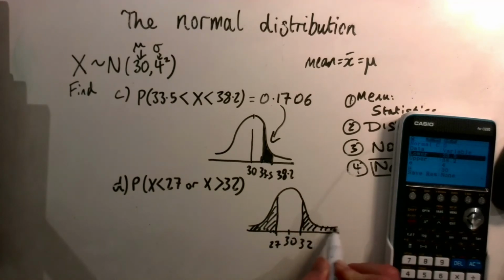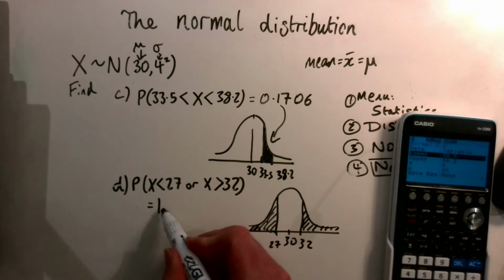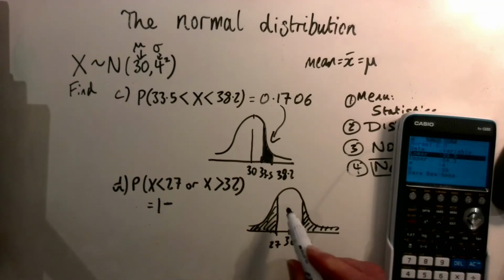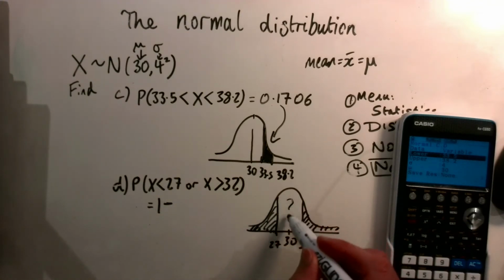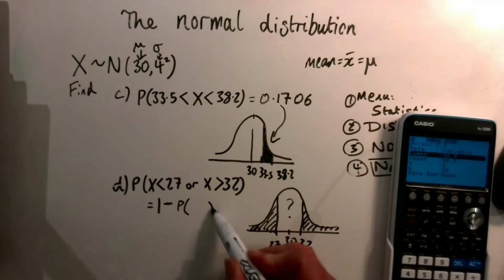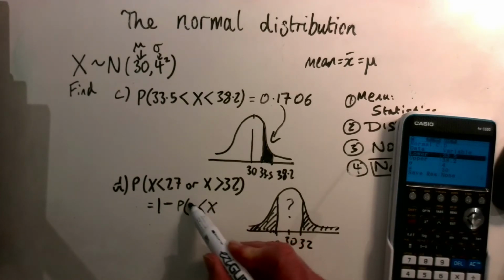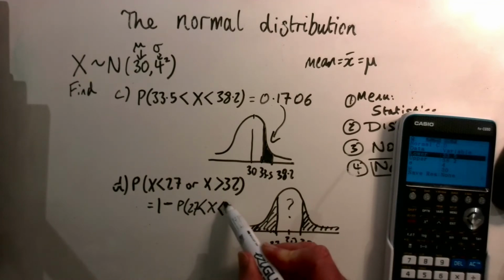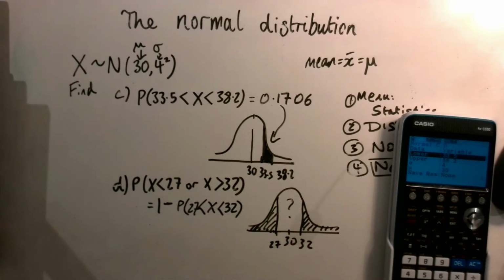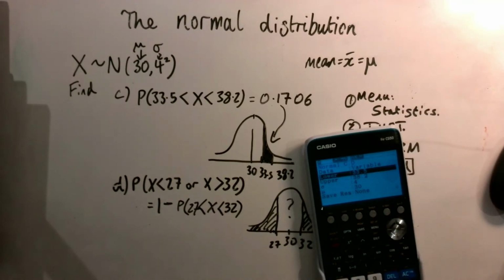So I could find them both separately and add them up, or I could say that the probability of that is going to equal 1 take this region here. So that is, take the probability of between, what is it we're talking? We're saying bigger than 27 and smaller than 32, because it's the only other little bit left. So that saves us a little bit of time in terms of what we've got to work out.